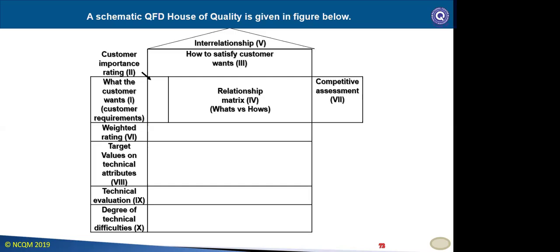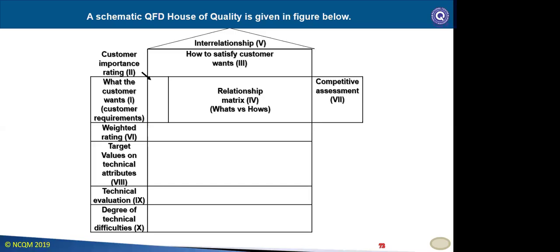So it will come out what is very important. Then there is a competitive assessment on the right side, number 7. We will have say 1 or 2 or 3 main competitors, and how we are relative to them.